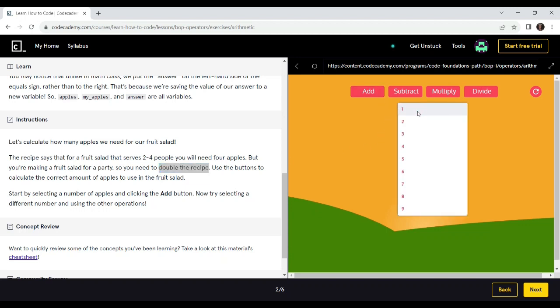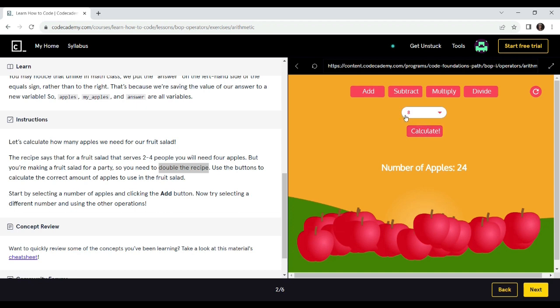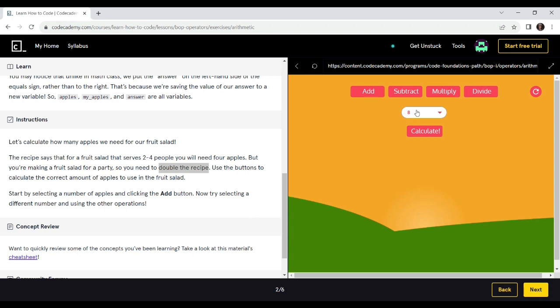So let's demonstrate that example. Party of 8 people. So let's add that. Number of apples needed, 8. If we keep adding parties of 8, the number of apples increases by 8 linearly, 32, etc. But if we only need a fruit salad for, let's say, 4 people, we only need 4 apples.